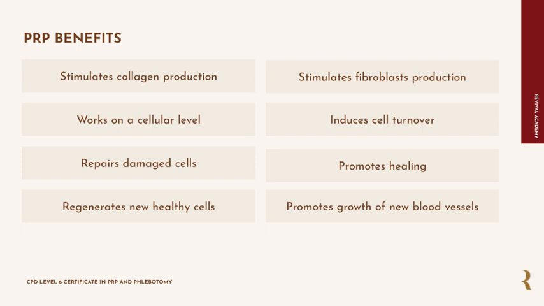So as we said, it can repair damaged cells, it can improve the production of new healthy skin cells, so it can trigger the production of new cells. It also induces cell turnover, so that would also produce new skin cells and make your epidermis a lot stronger than it was before. It repairs the damaged skin cells and then promotes healing. And again, it can completely regenerate and repair the whole dermal and epidermal layer as well.